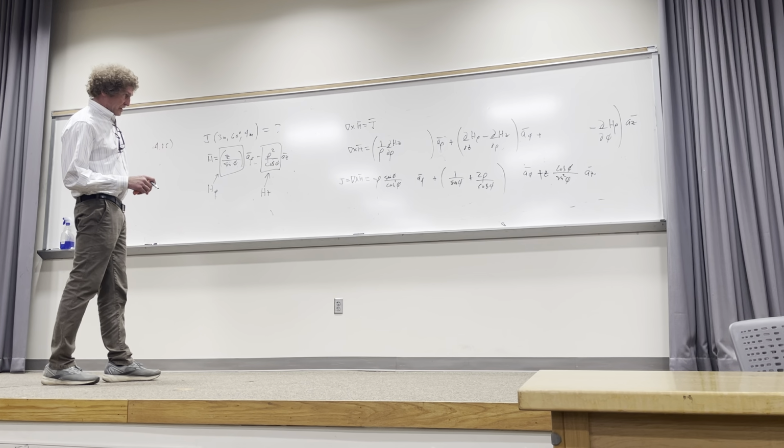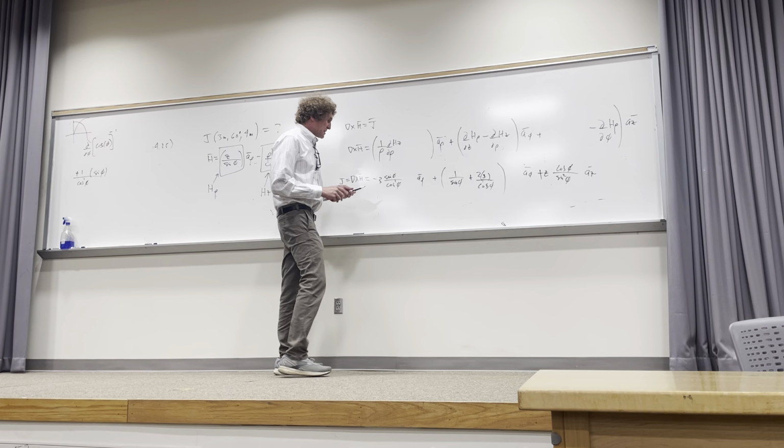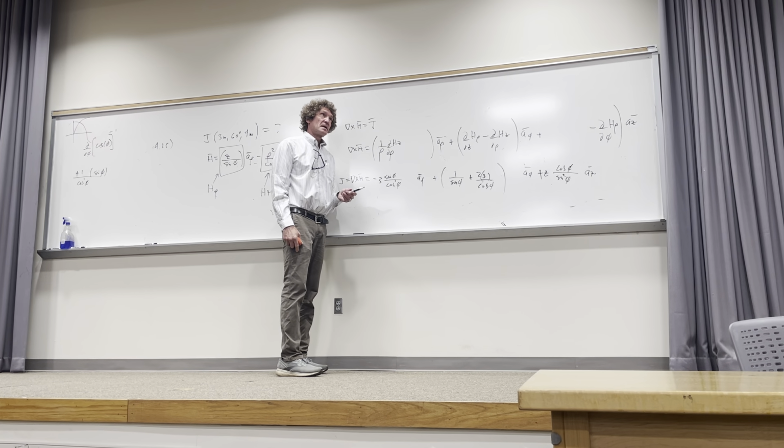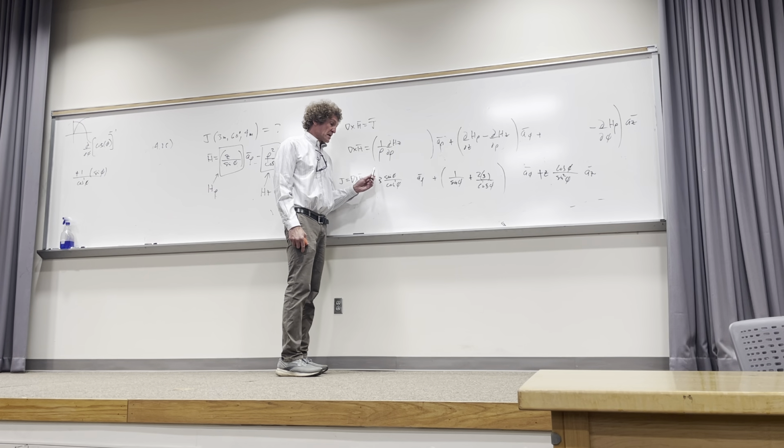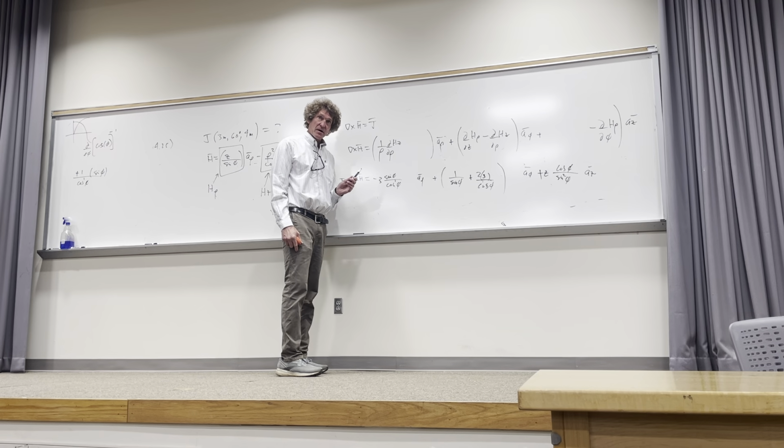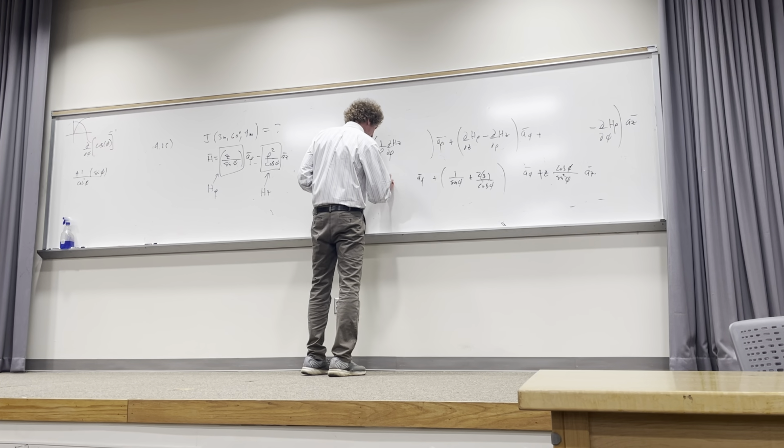And then for phi 60 degrees, let's see. Sine of 60 is square root of 3 over 2. Cosine of 60 is 1/2, so that's 1/2 squared. You can see what's going to happen here.